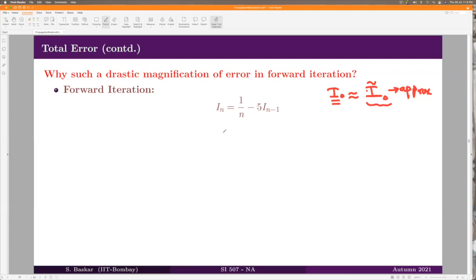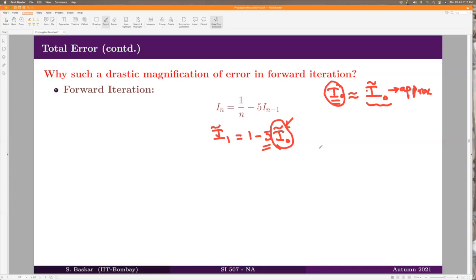And when you go to find I1, you can see that it was 1 minus 5 I0. I am supposed to plug in I0, but my computer plugged in not I0 but I0 tilde. So whatever error it had compared to I0 was multiplied 5 times when you get I1, which on a computer again is not I1 but some approximate value of I1.